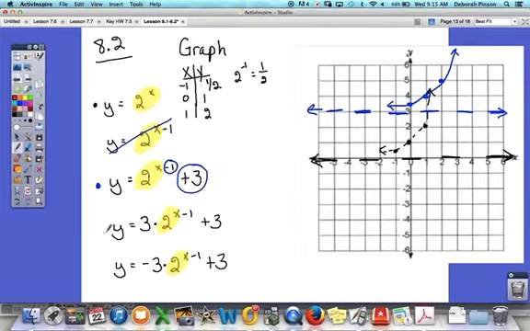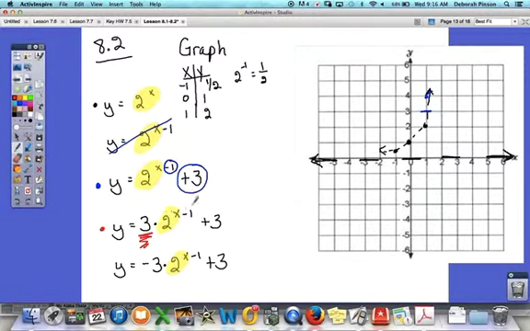Okay, let's graph another one. Now I've got the -1 and the +3, so I'm still going to move it over 1 and up 3. But before I do that, I need to stretch it out by a factor of 3. Now I'm going to go ahead and erase the blue that we just did, and let's just focus on that parent function. All right, so I'm going to start by stretching it out by a factor of 3.